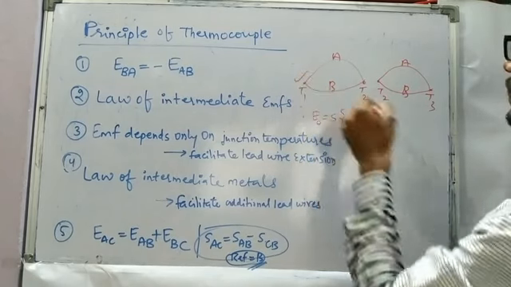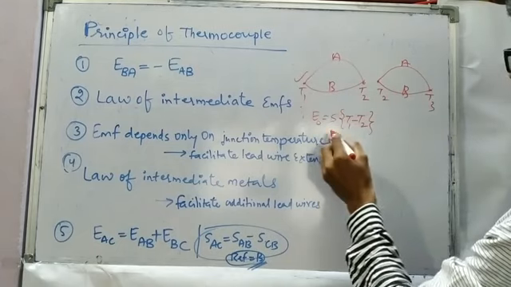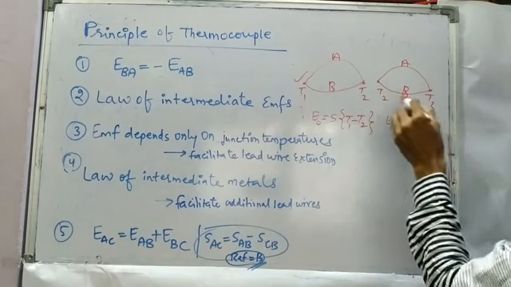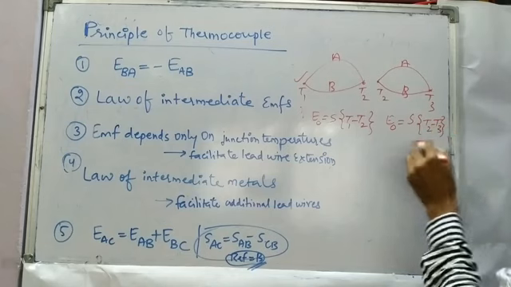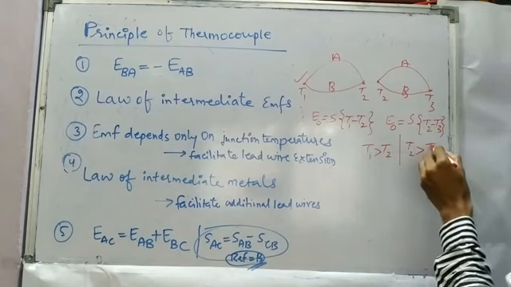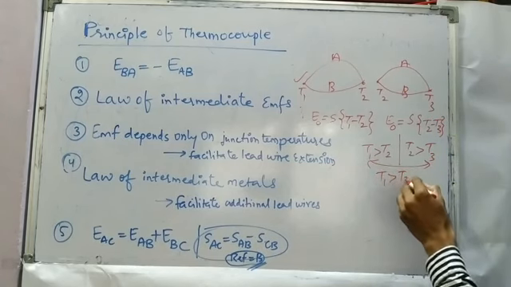Assume this particular temperature is higher than T2, and in this case E0 is going to be sensitivity, because the thermocouple is the same, times T2 minus T3. So I have assumed T1 is greater than T2, and T2 is greater than T3. So overall T1 is greater than T3.